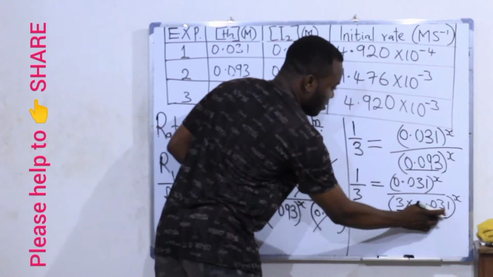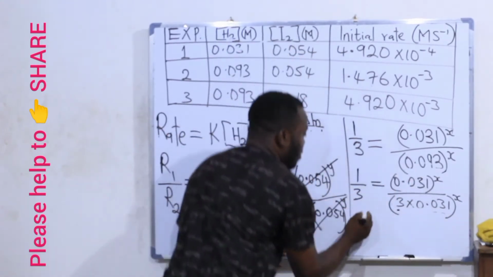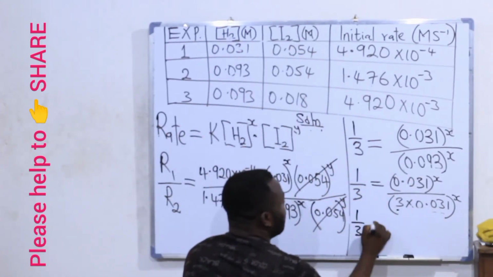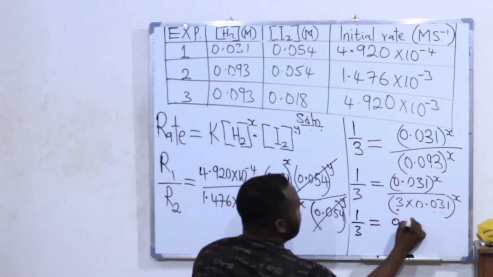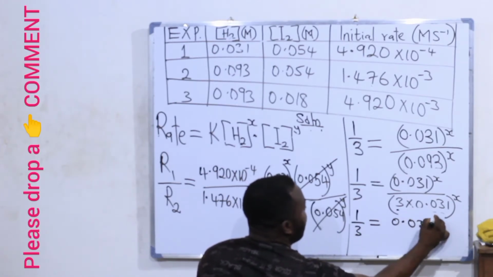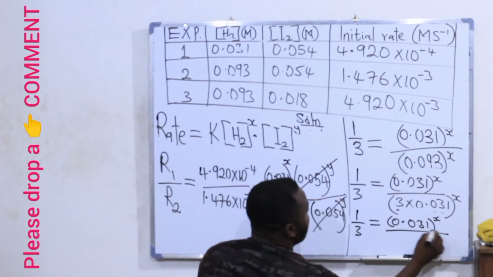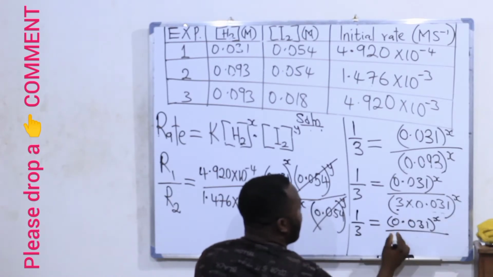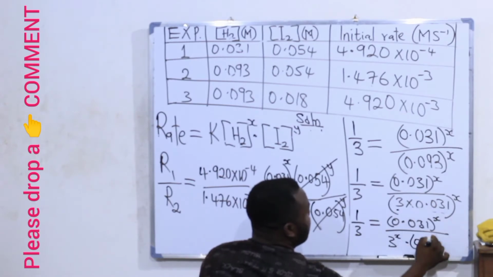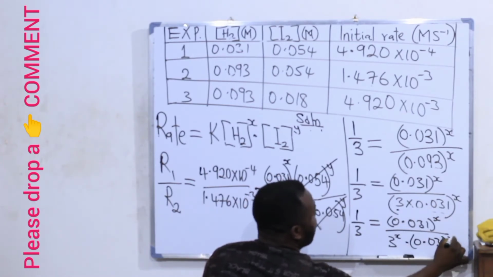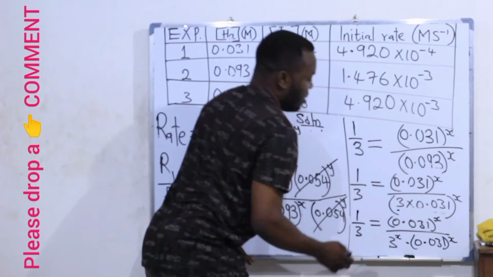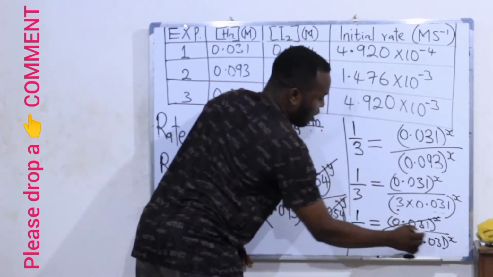And this simply means that 1 all over 3 is equal to 0.031 raised to power X divided by 3 power X times 0.031 power X. You can now see that this will cancel this.